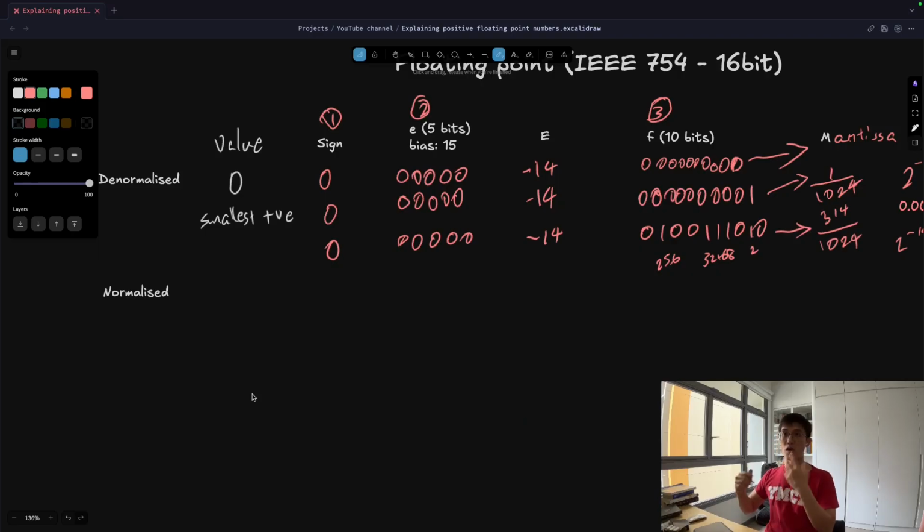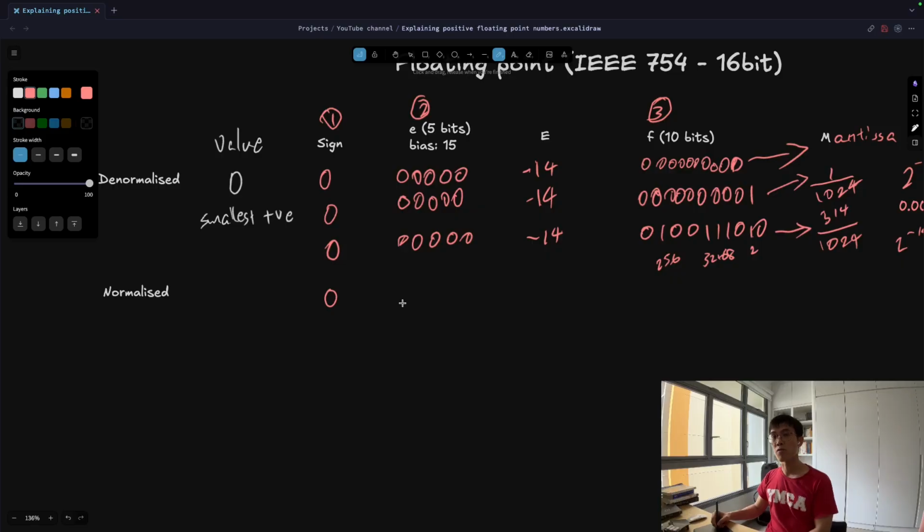Next, we are going to talk about normalized values. As you perhaps can tell already, the sign bit is again 0 because we are only talking about positive numbers.